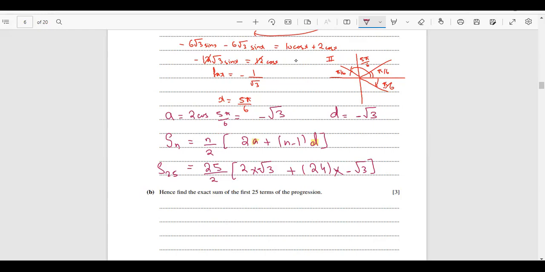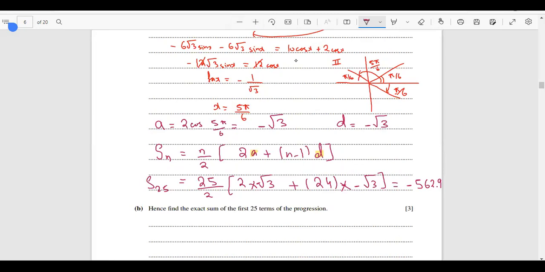Now, either you can leave the answer in surd form, or you can just plug in all the values, and this would give you a negative 562.9. I would appreciate if you give the answer in the surd form, because that would give you the exact value.